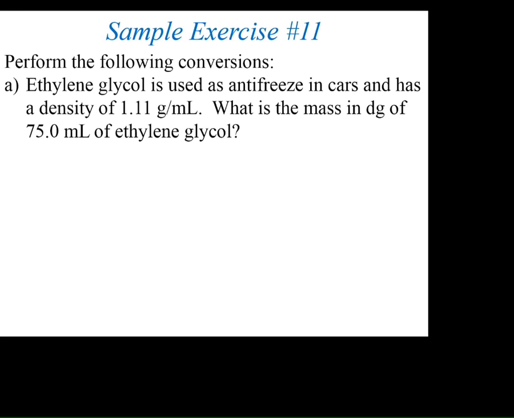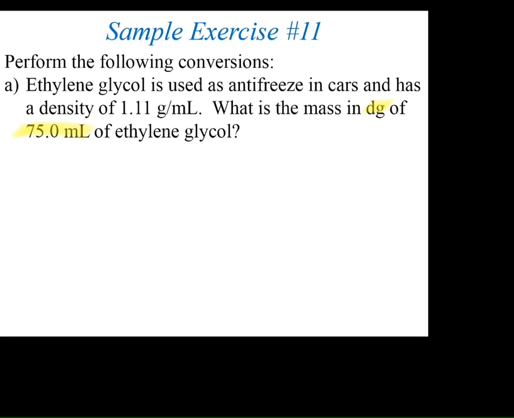Okay, let me break down the little word problem here, because the word problem is always the thing that got a good student. So I know 75.0 milliliters, right? I want to find what? Decigrams. So my goal is to turn milliliters into decigrams. So, back up. That's a volume going to a mass.